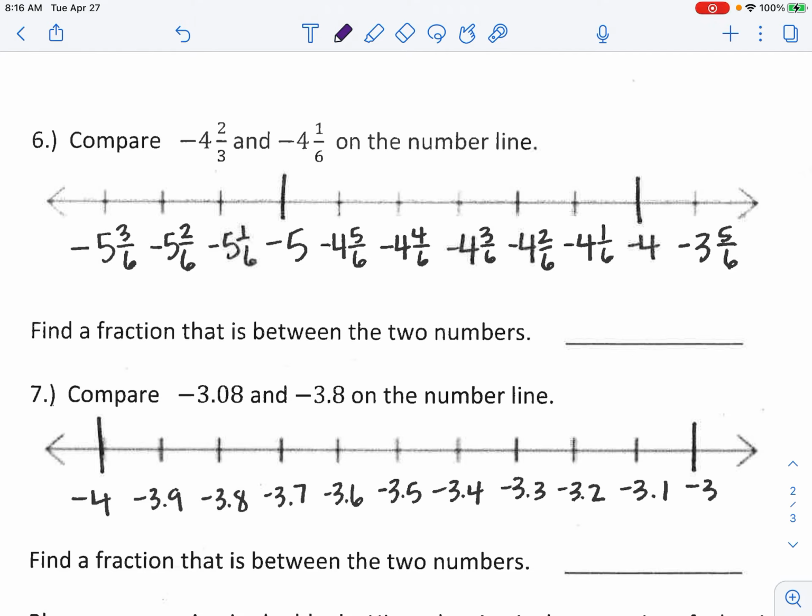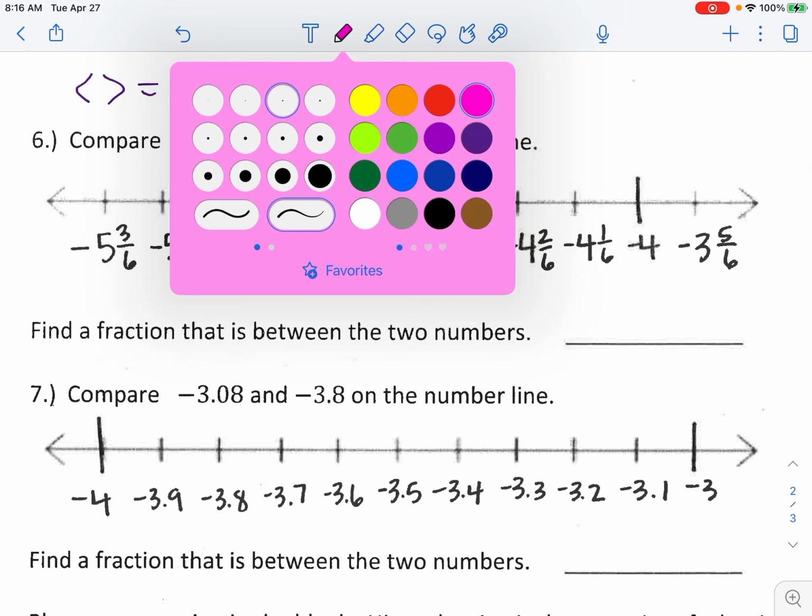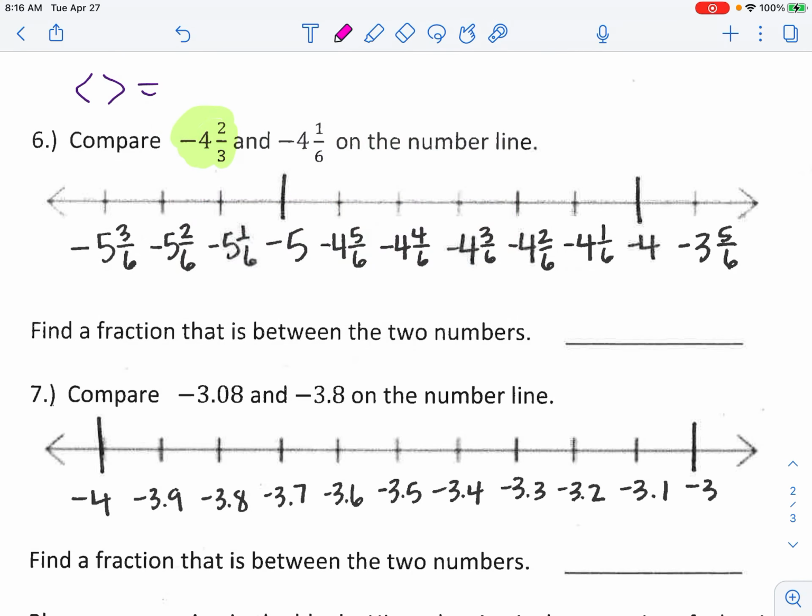First thing we're going to do is compare. Remember in math, when you see the words compare, it means less than, greater than, or equal to. So the numbers that we're going to find are -4 2/3. Find a brighter color. Okay, so -4 2/3, which I don't see. But could I reduce any of these? Would any of these reduce to 2/3? So I'm focusing right here because I know that 4 divided by 2 is 2 and 6 divided by 2 is 3.